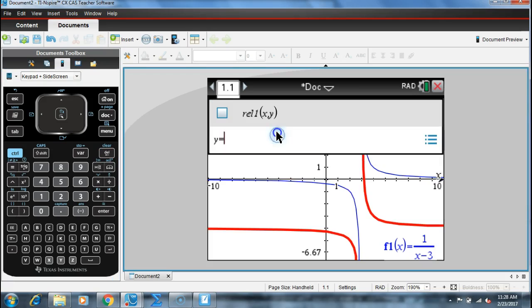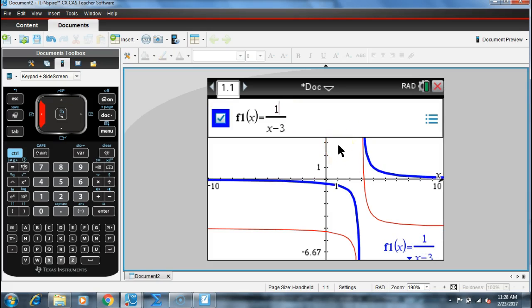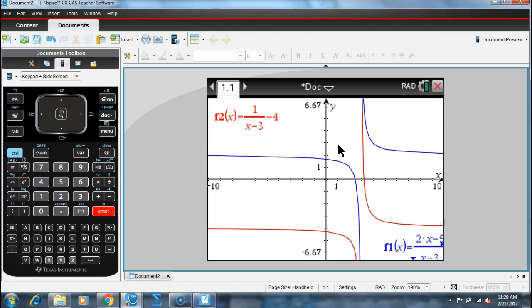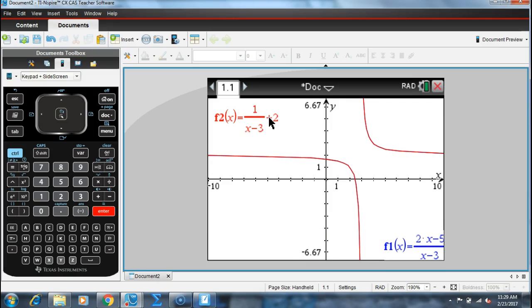Equals. What is going on? Things are going all crazy. All right, then what we do, we go over to this one and we go 2x minus 5, and what this one was plus 2. They end up being the exact same function. So we did do equivalency.